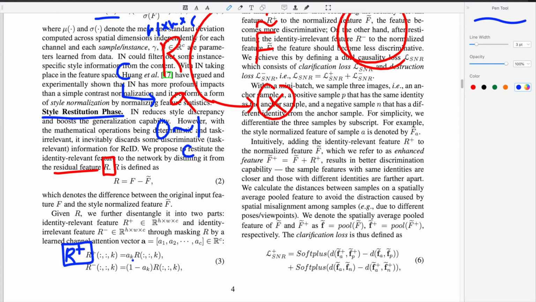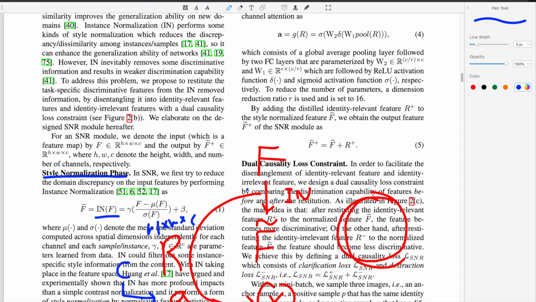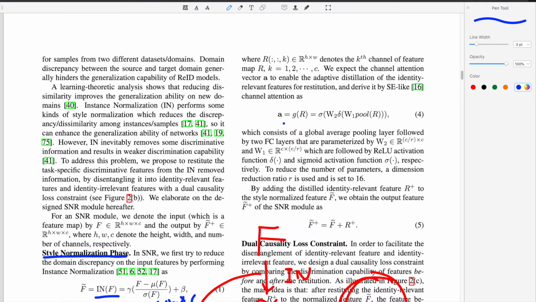And of course, when multiplying by 1 minus A, you get R minus, or identity irrelevant residual features. Yeah, so this can be considered something similar to SE, or squeeze and excitation network. So this is basically a channel attention.